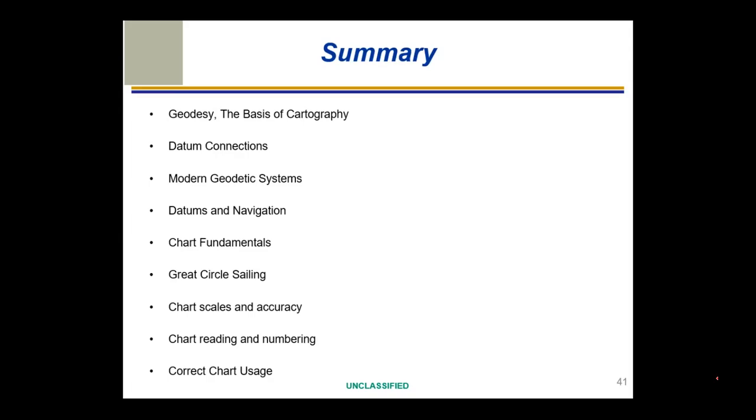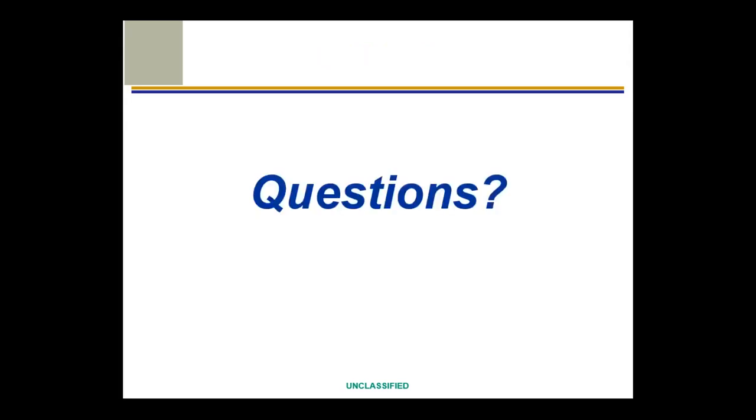We learned about chart fundamentals, what great circle routes were, how to verify the chart scale and accuracy, how to read the items on our chart and its numbering, and correct chart usage. Please make sure that you bring any questions that you may have had during this lesson into class with you.